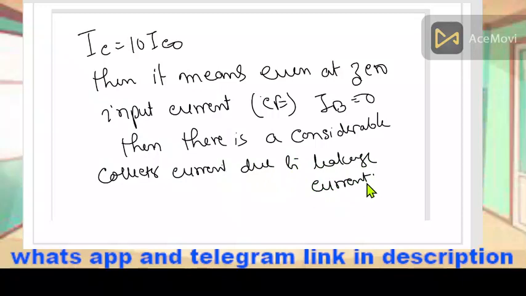This is for germanium, which has alpha equal to 0.9.